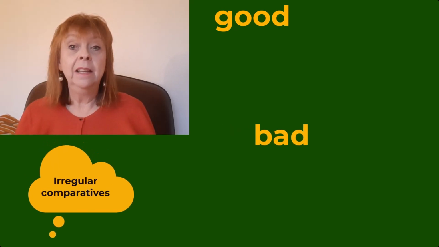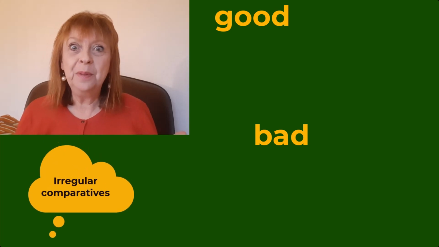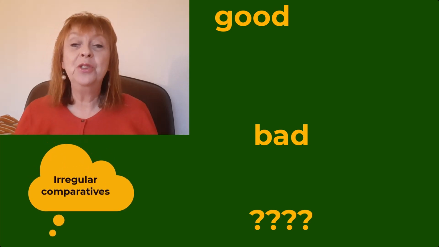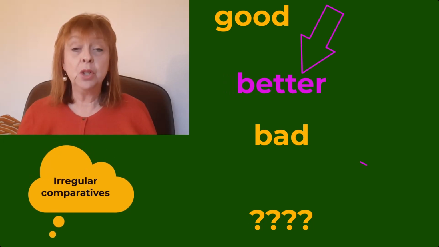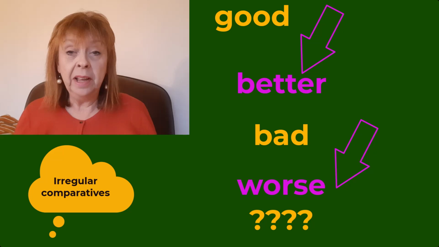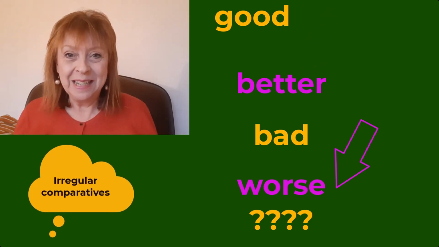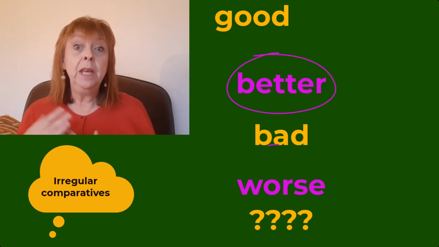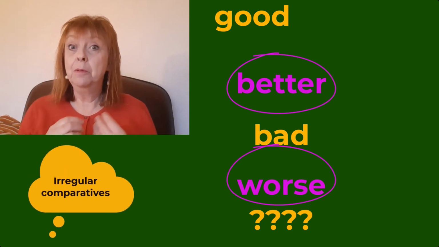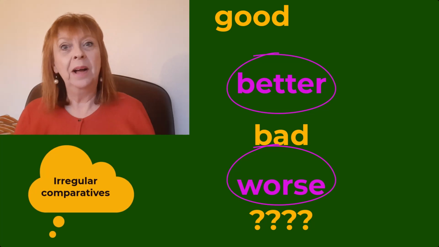So here, we're going to change the words completely. So good becomes better and bad becomes worse. That's right, completely different words. So things could be better or things could be worse, and that means more good or more bad.